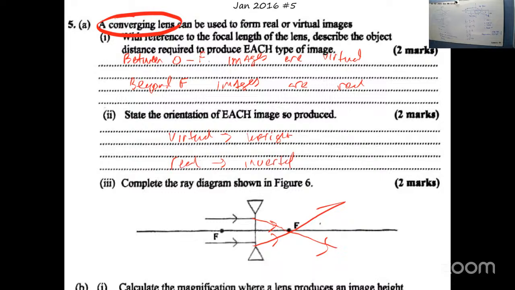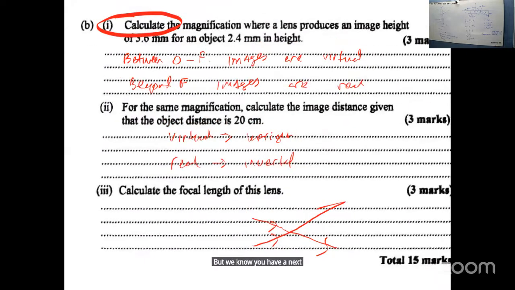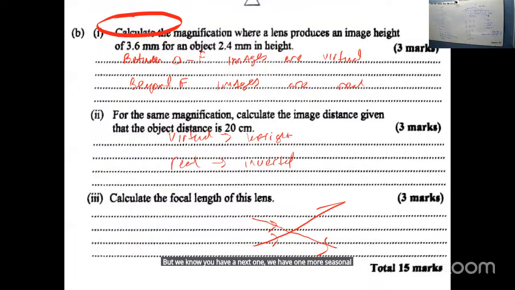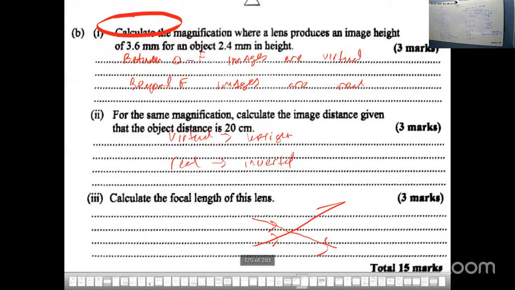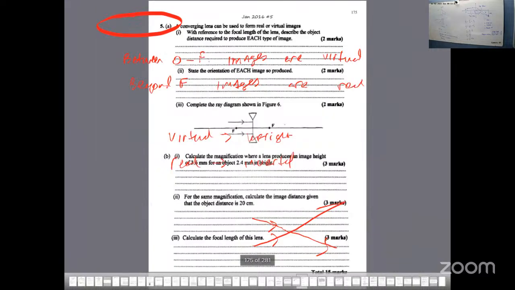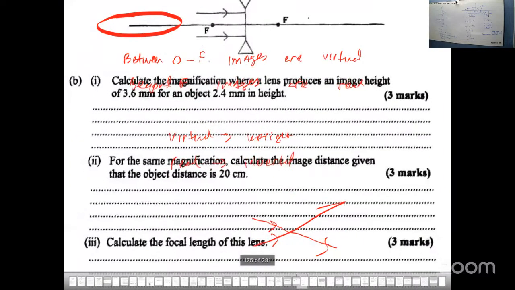Right, and finish up with the last part here. Part B, you have one more to do with it. So if you do this up, part B will be done. Here we are, are you all done?